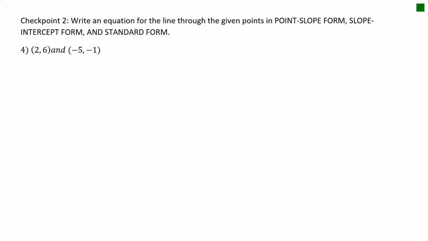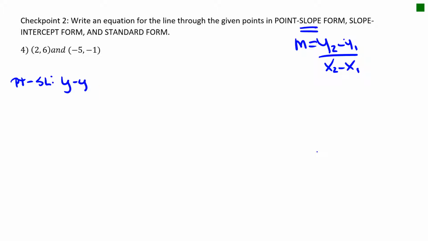I'm guessing, oh yeah, it's a checkpoint. So we need all three forms. Remember, in front of all that, they all have the word slope. Well, okay, 2 of the 3, that's a lot. 2 out of 3 ain't bad. Let's go with that. So the formula for slope, remember, is this. So, little hint, point slope: y minus y1 equals m times x minus x1.